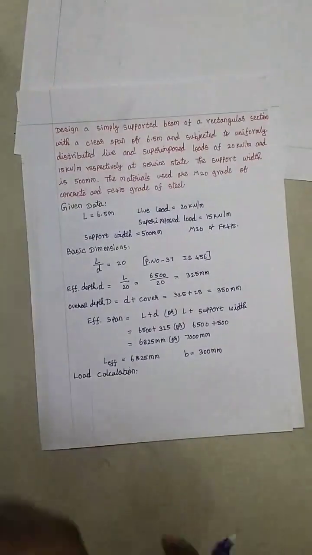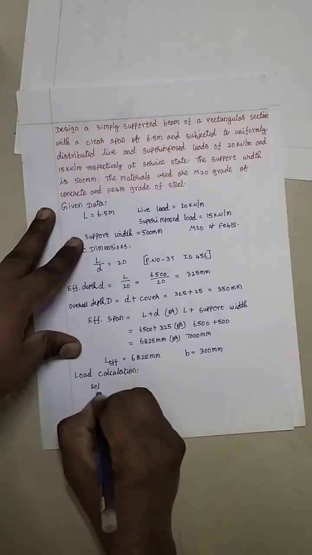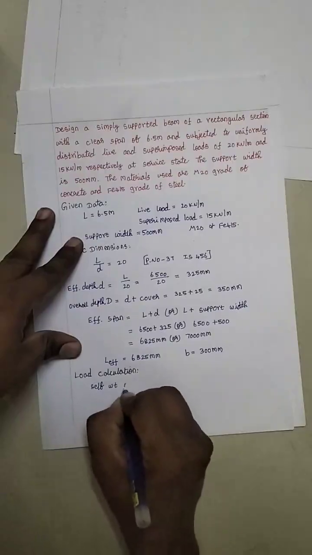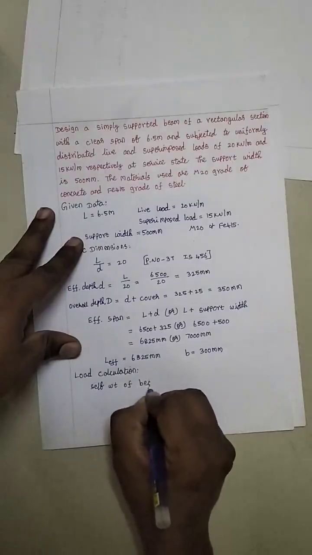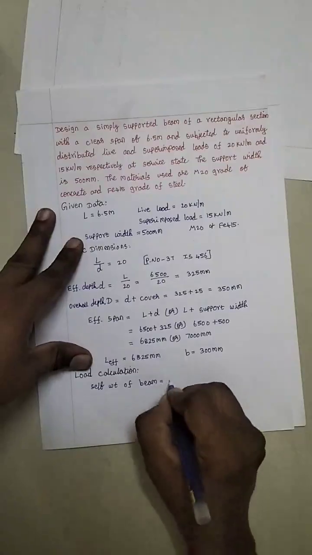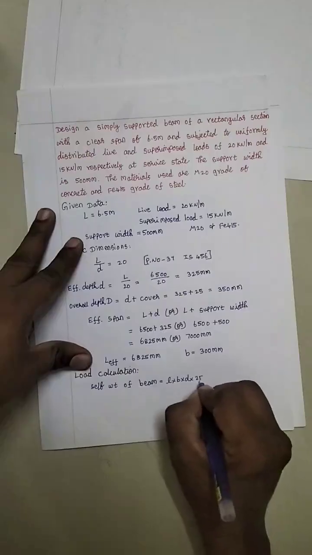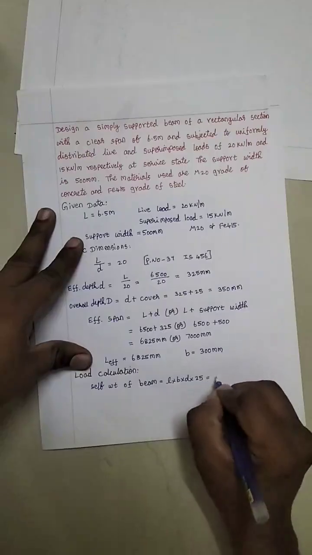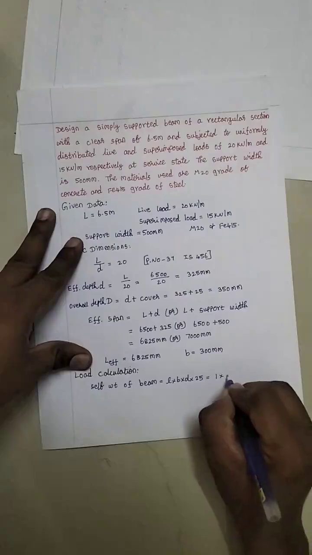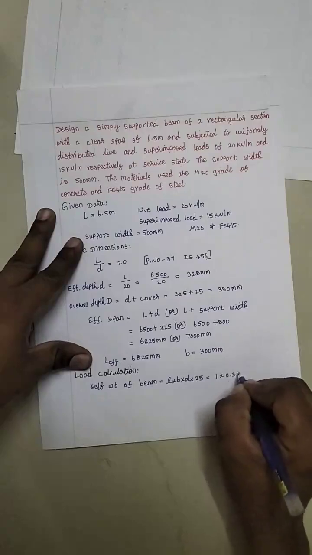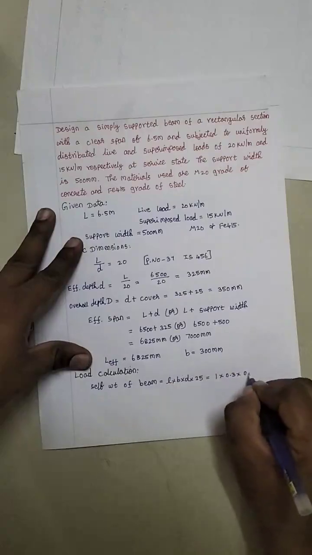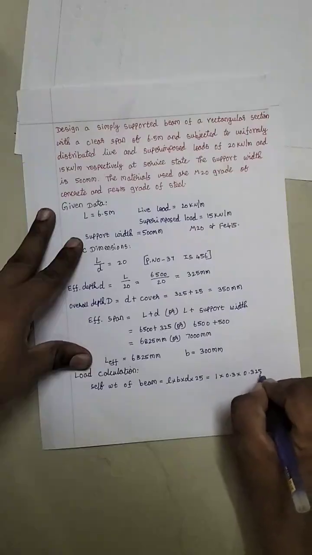So next step is load calculation. In order to calculate the load, the first step is the self weight of the beam. It is given by the formula L into B into D into unit weight of concrete, which is 25 kilonewton per meter cube. So L we take as 1, B is 0.3, D is 0.325, and into 25.